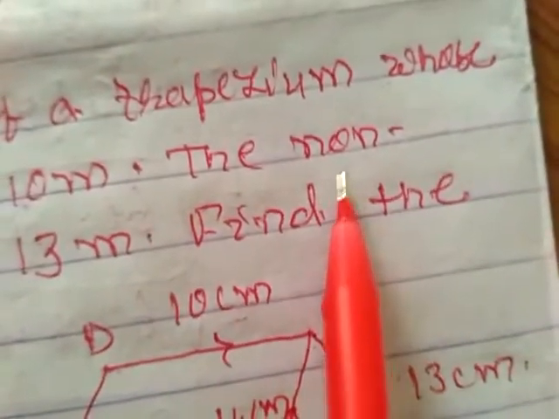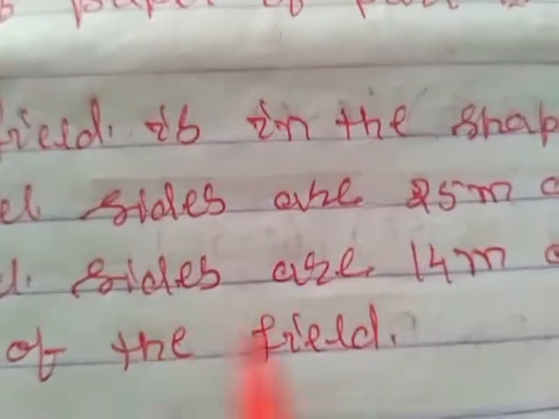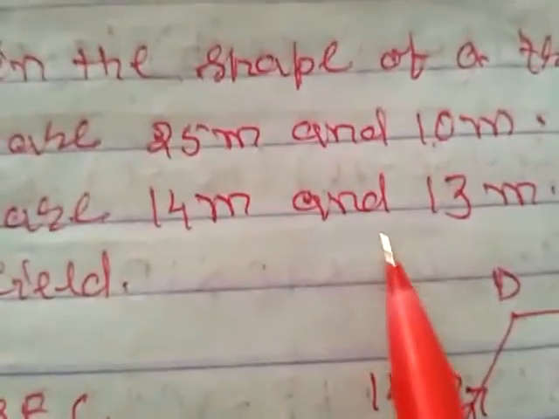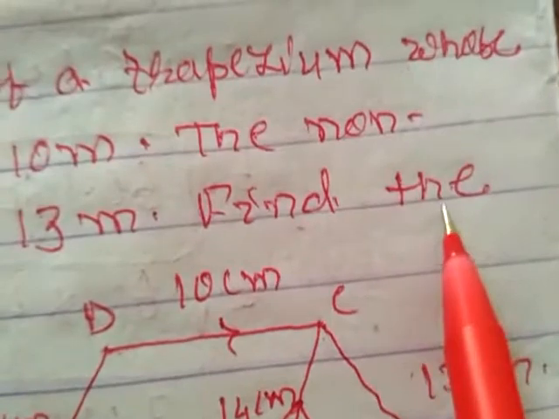The non-parallel sides are 14 meter and 13 meter. Find the area of the field.